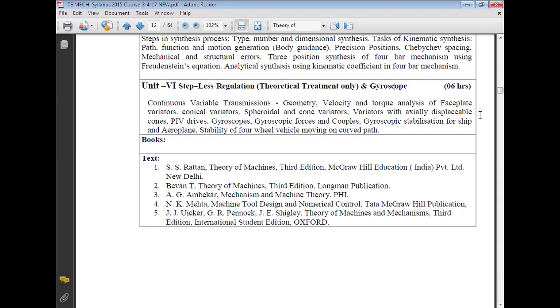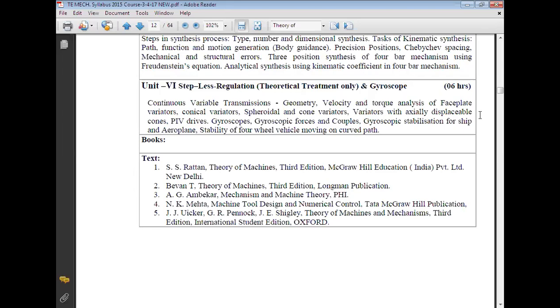For CVT: geometry, velocity, and torque analysis of faceplate variators, conical variators, spiral variators, cone variators, variators with displaceable cones, PIV drives. This is the content of CVT under stepless regulation. But it is the theoretical one. One theoretical question will be asked in this particular subsection.